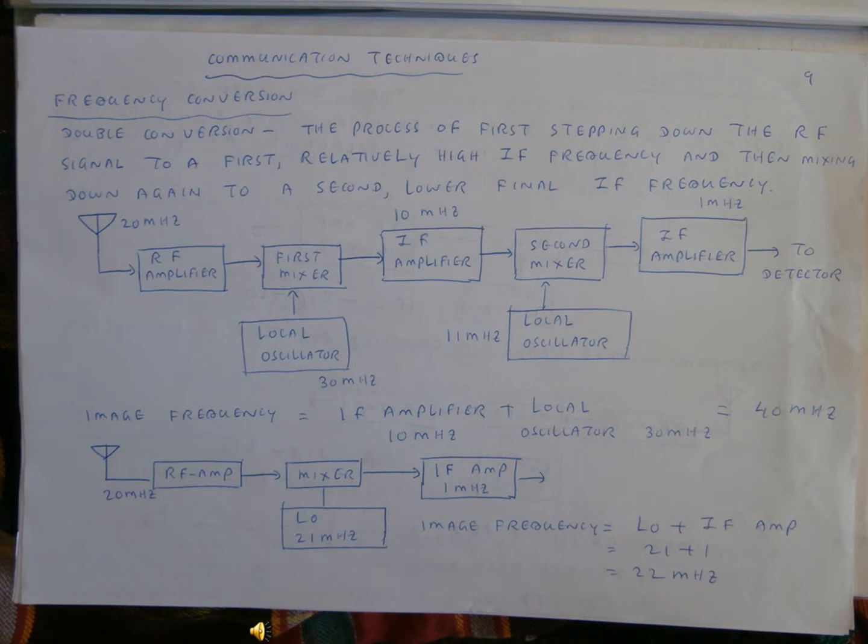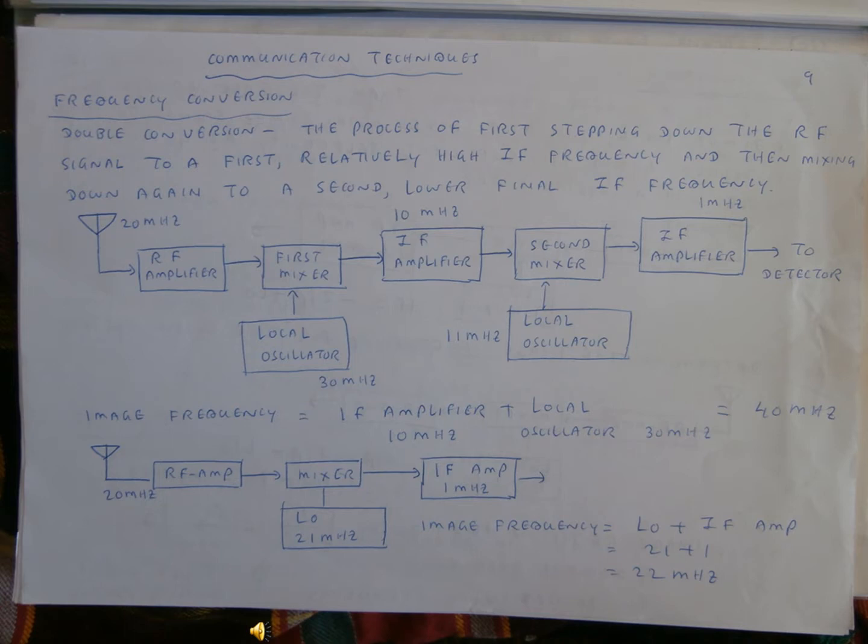Therefore the image frequency is equal to the intermediate frequency amplifier 10 megahertz plus the local oscillator frequency 30 megahertz. So that will be 40 megahertz. This is for the image frequency. In the image frequency circuit, you can see that from the antenna it takes 20 megahertz and passes it to the radio frequency amplifier.